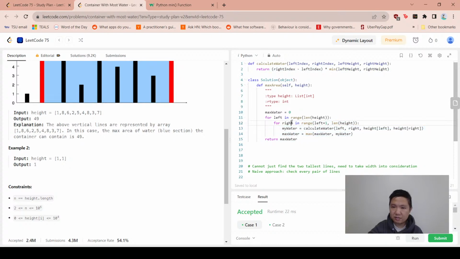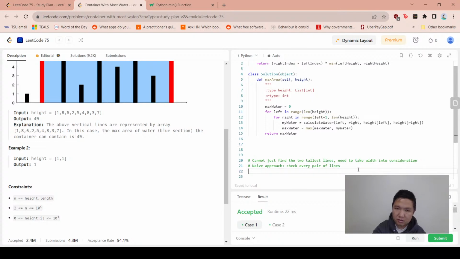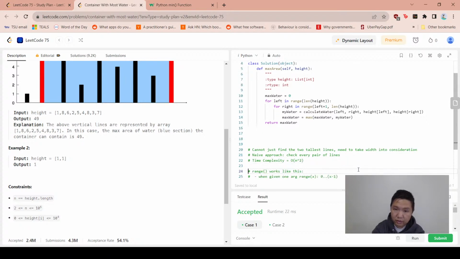We run it n, which is the length of the height, times n. So we have an n squared complexity, O(n squared). This is not great.